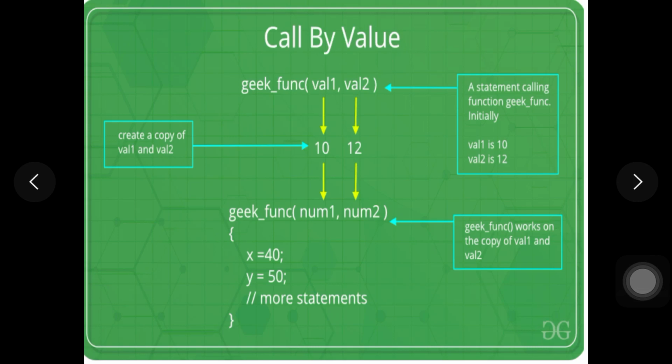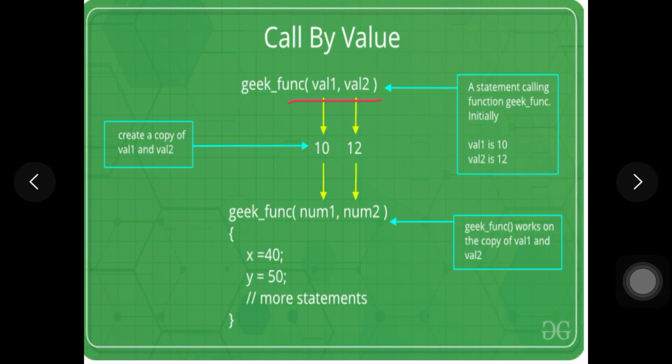Here the values of the variables are passed by the calling function to the called function. For example, you can just see the slide. We have here geek function val1 and val2. These are the variables val1 and val2 we are using here, and we are passing the values of these two variables to the called function.